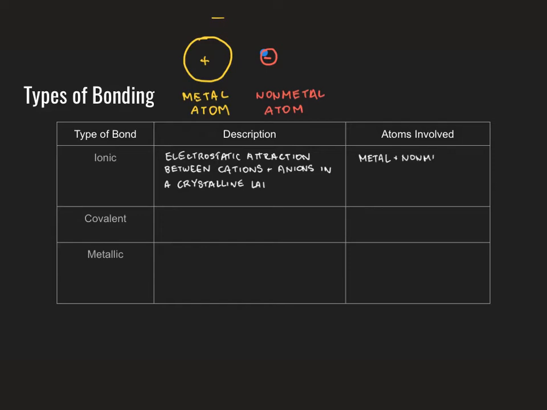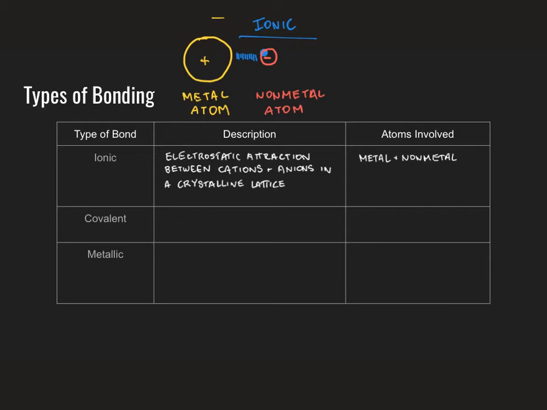And we see a transfer of the electron from the metal to the nonmetal, resulting in the formation of oppositely charged cations and anions. And the electrostatic force of Coulombic attraction holds those oppositely charged cations and anions together. So that is, again, our ionic bonding model, which is going to occur between two atoms, one of which is a metal and the other which is a nonmetal.